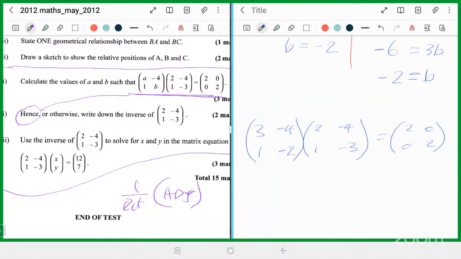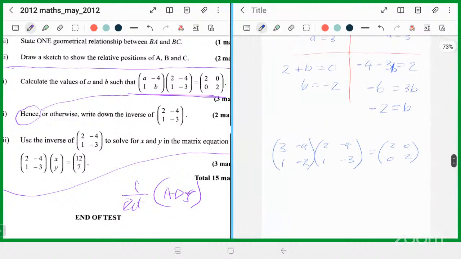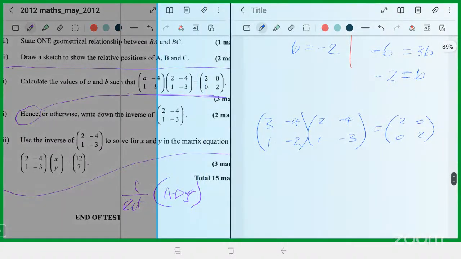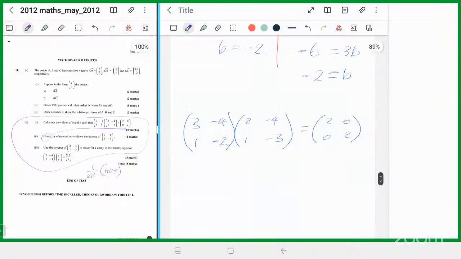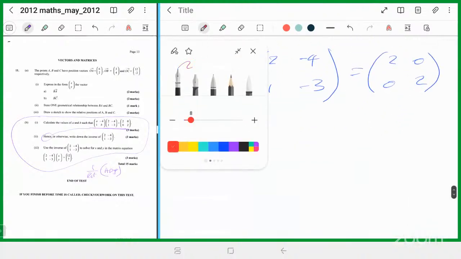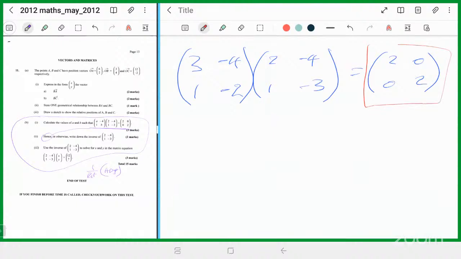Now, the interesting thing I want to point out to you with this matrix equation, look at it carefully, is that this matrix over here is almost the identity matrix. No, it's actually 2 times the identity matrix, because the identity matrix is 1, 0, 0, 1. And so that is 2 times the identity matrix.